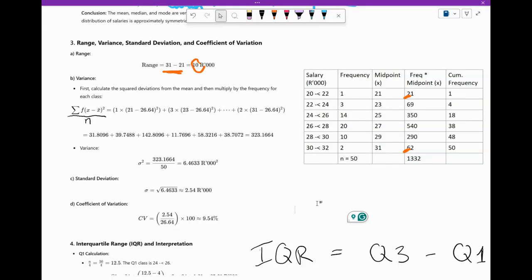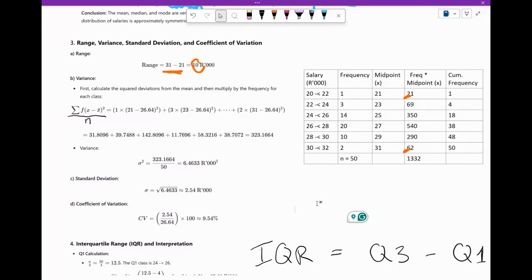So here you can see, for the first class, we have 20 to 22. And there you can see our frequency is 1. And then our midpoint is 21. What is our mean that we calculated earlier? 26.64. We calculated right at the beginning. Squared. You do that for the first class, you move on to the second class. What's the frequency in the second class?